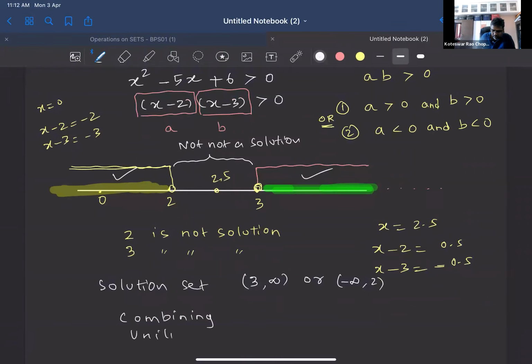So it's like making a union. We will look at union, intersection, those kind of things in the next class. But right now, use a symbol. So you have a symbol U. U stands for union.